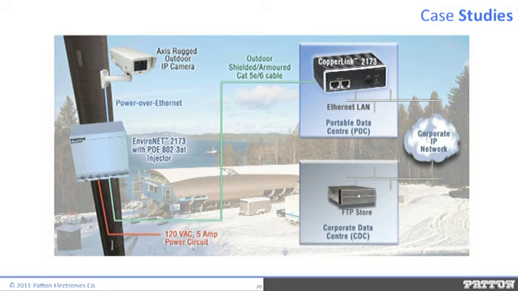First, their construction site was too far away from the PDC, or portable data center, for Ethernet connectivity, making it an issue to use an Ethernet-based PoE IP camera. Second, the camera was to go outdoors and was in a very harsh and drastically changing climate. This is not good for standard electronics.